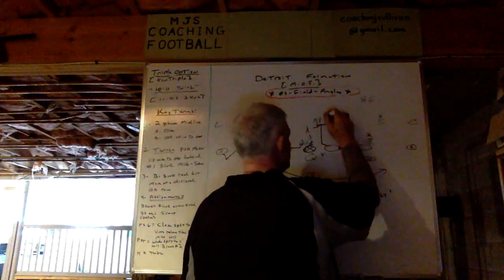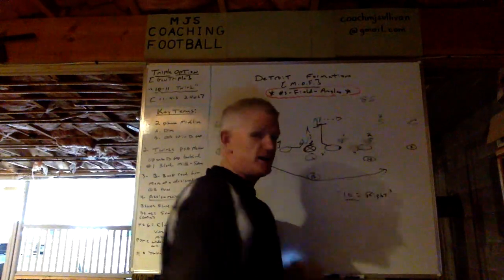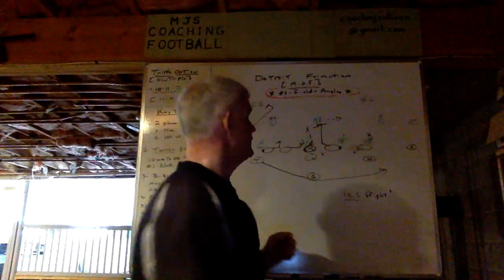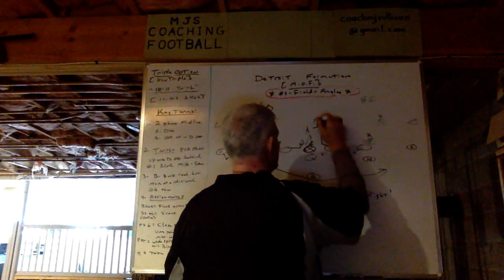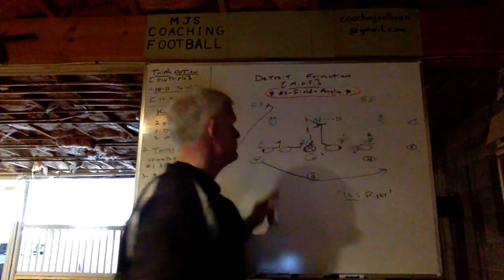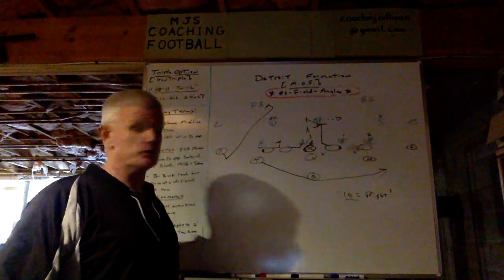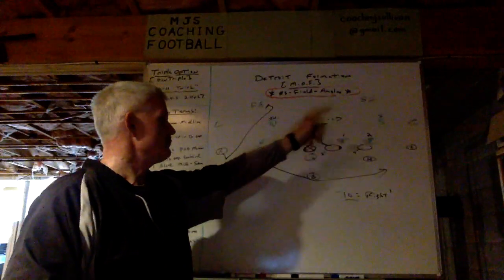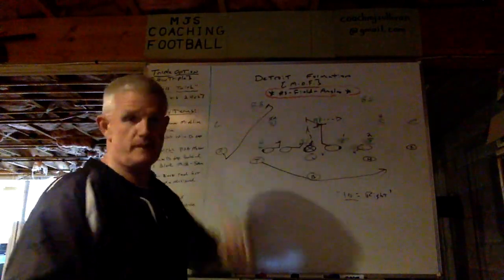If the Mike was to patch over the top because a midline read, he's a quarterback defender, then the play side guard is blocking backside on the will. Mike plugs, you block the Mike. Mike patches, you're looking backside to the will.